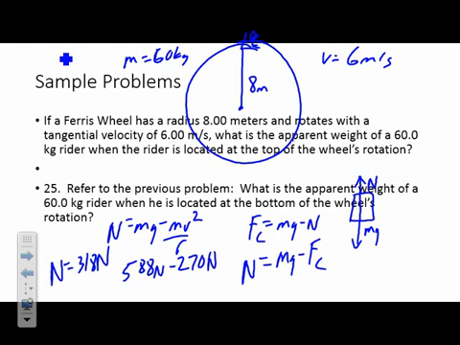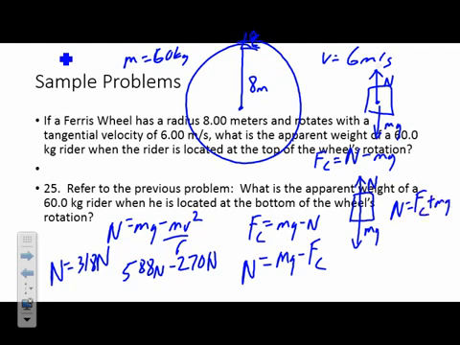And then finishing it up, we're doing down at the bottom. Down at the bottom, mg is acting downward, but the normal force is acting up. Here the normal force is bigger, because we know he's accelerating toward the center. He's in uniform circular motion. So we're going to write Fc equals normal force minus mg. Therefore, N would equal Fc plus mg.